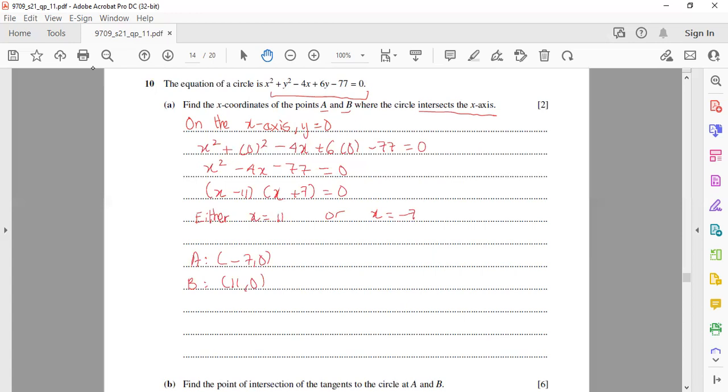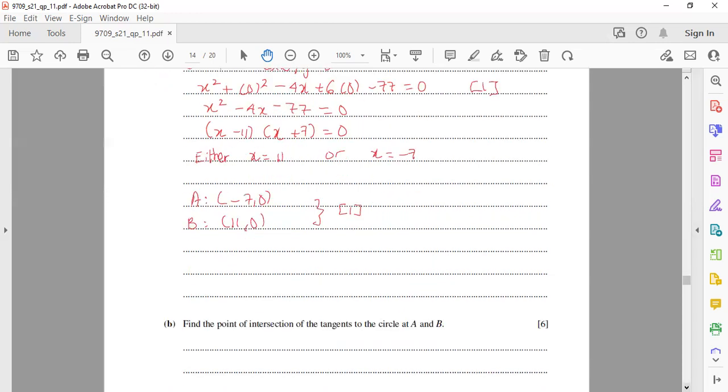So here you score 1 mark for correctly replacing y is equal to 0 in the equation of the circle, and 1 mark for finding the correct coordinates of A and B. Good. So now let's go for part B.